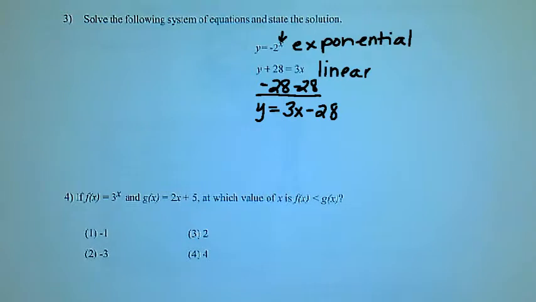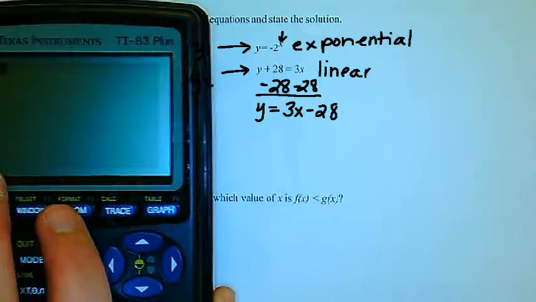Okay, so what I did here while I was talking was I just substituted, I solved for y, because remember it's a line. So go ahead and put this in for y1 and this in for y2. So let me fit this in the screen.